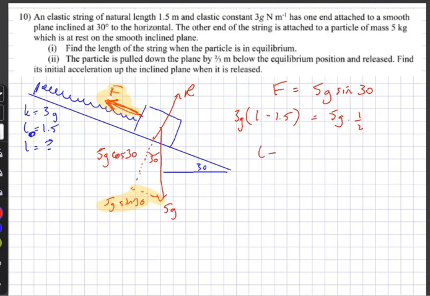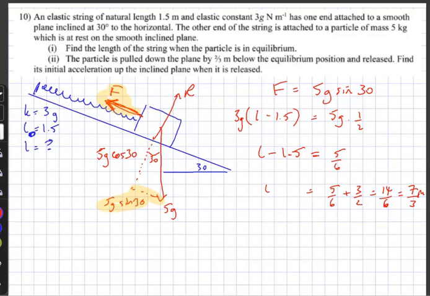We end up with L minus 1.5 being equal to 5 over 2, that's 2.5, divided by 3, which gives you 5/6. So L is going to equal 5/6 plus 3/2, which works out as 14 over 6, 7 over 3, in meters. 7 over 3 is 2 1/3 in meters.